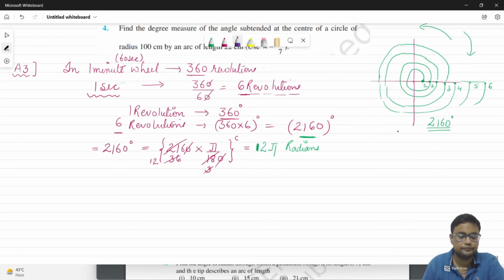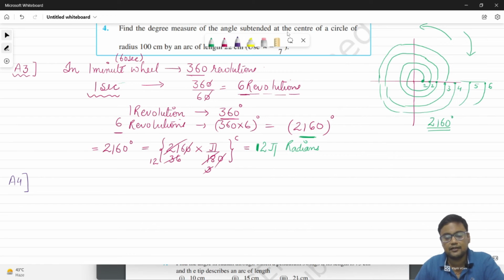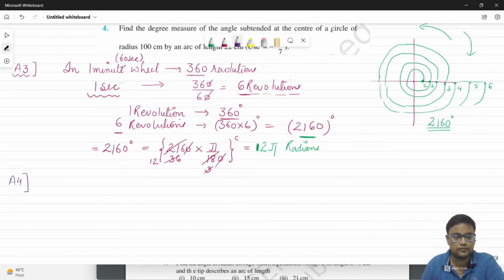See, find the degree measure of the angle subtended at the center of a circle. So there is a circle. So let us say this is a circle. At the center, the angle is subtended. So how do we draw a subtended angle? Remember class 9 chapter circles.